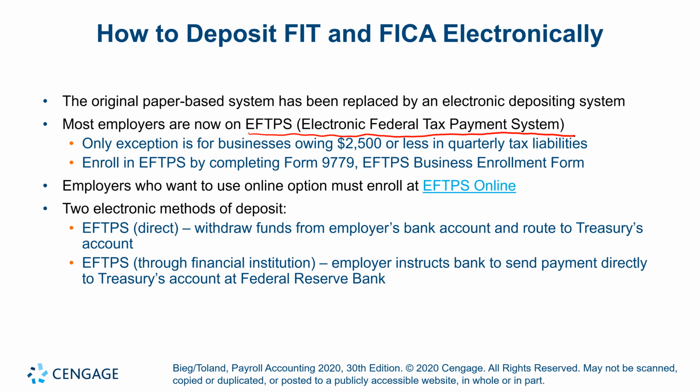We can either do a direct deposit, where the funds are withdrawn from the bank account and routed to the United States Treasury Department's account automatically, or through the financial institution, where the employer has to instruct the bank to send payment directly to the Treasury account. So kind of 2 different ways that can be done.